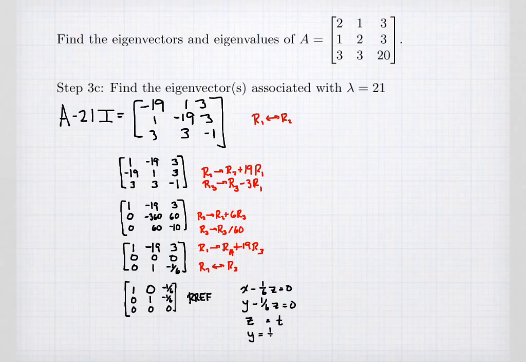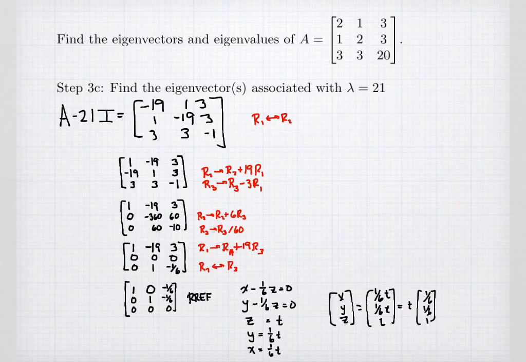Y is equal to 1/6 t, and so is x. And so my solution vectors x, y, z all have the form a sixth of t, a sixth of t, and t. If I factor that out, they're all multiples of 1/6, 1/6, 1.